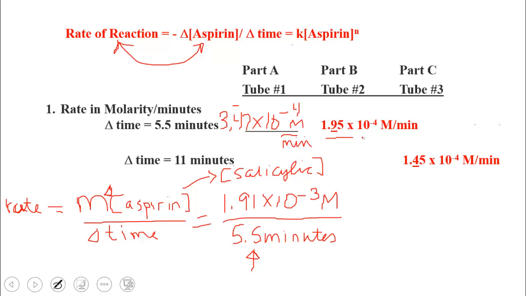Now you'll see here that I do have fake data for trials 2 and 3. In trial 3, remember the time will be 11 minutes that we are using as our time factor. But for all of these test tubes, you're looking at the concentration of the salicylic acid that you measured from the calibration curve after the reaction was done.